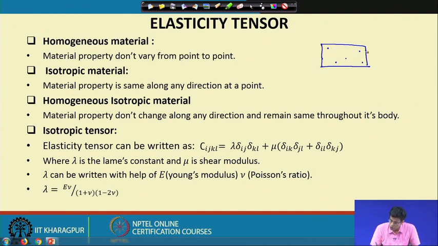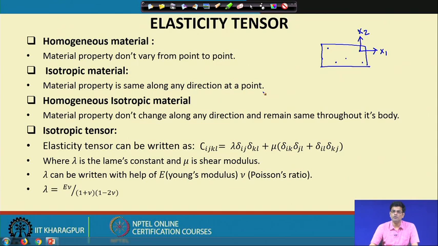Now, this is a two-dimensional body. Suppose at this point the axes are x1 and x2. If the Young's modulus along x1 and x2 are the same, then we say it is an isotropic body or isotropic material. So the material property is the same along any direction.